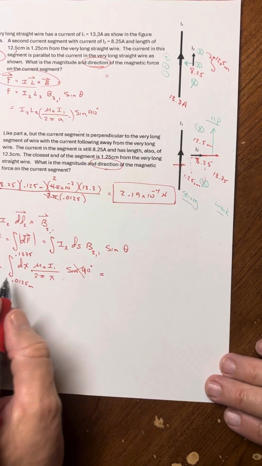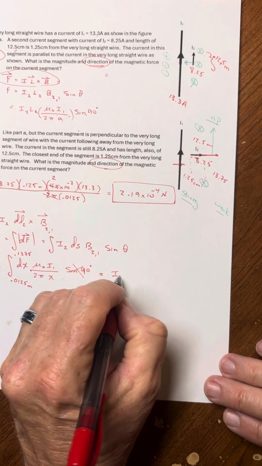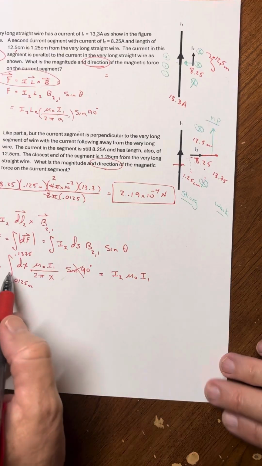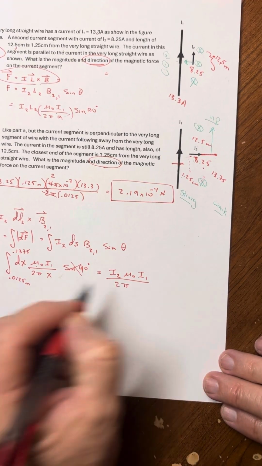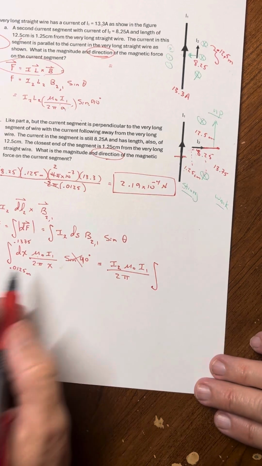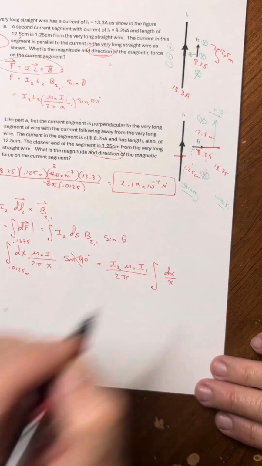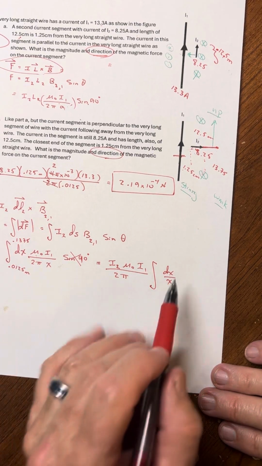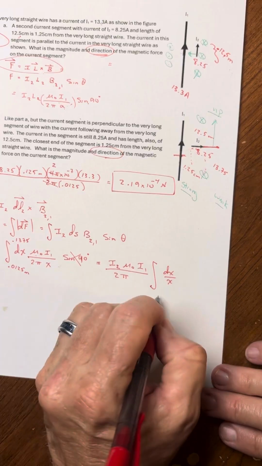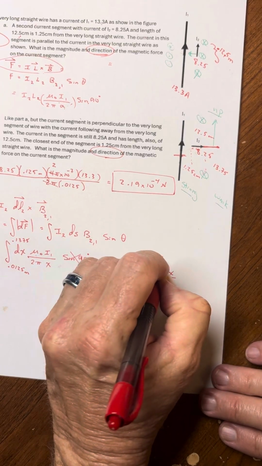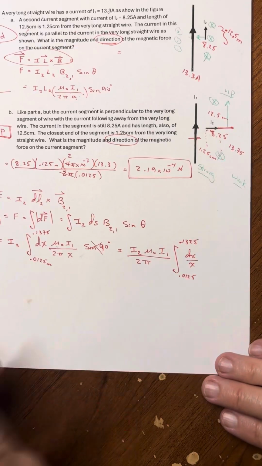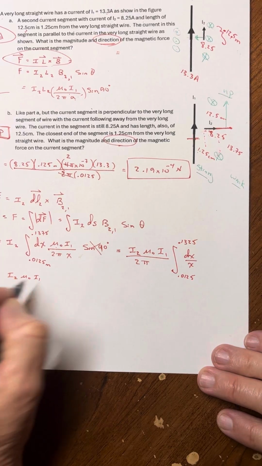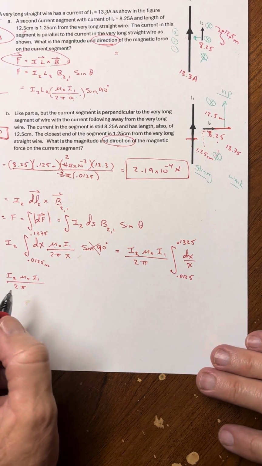And again, like any calculus problem, it's worth asking yourself what parameters here are constants and bring them out of the integration so that the integration won't look so complex. And sure enough, that's what we have. We just got this dx and x left over with our limits of 0.0125 and 0.1375. And so then we have current 2, mu naught, current 1 divided by 2 pi.